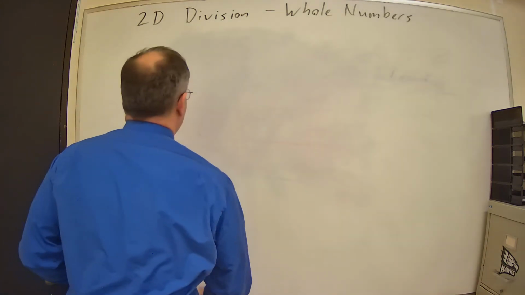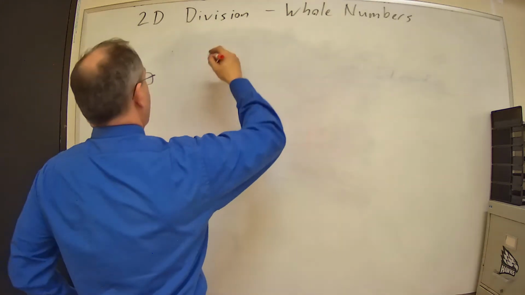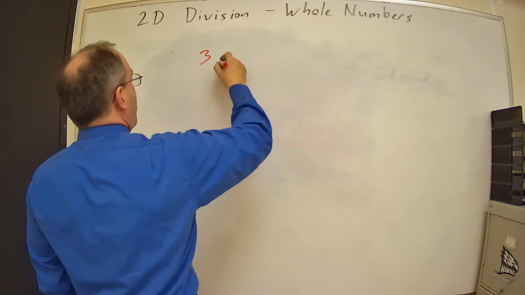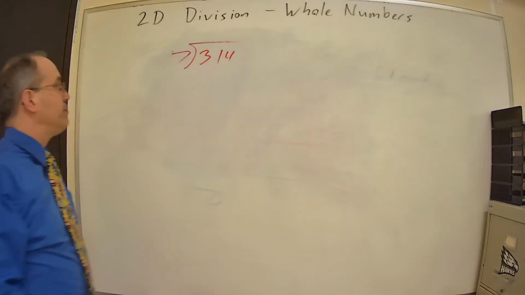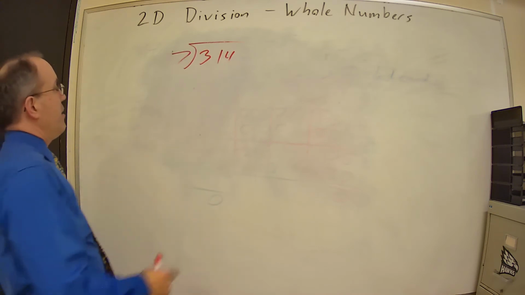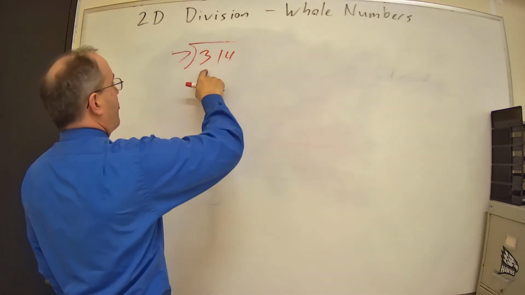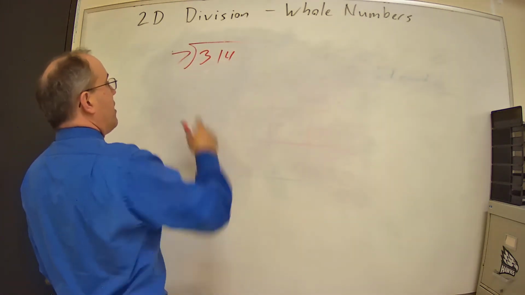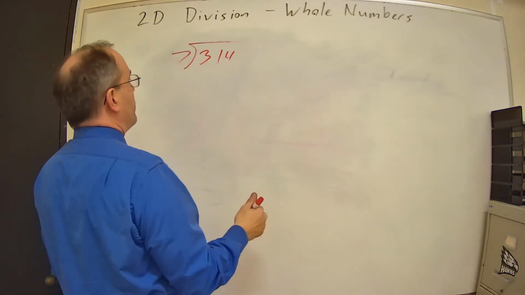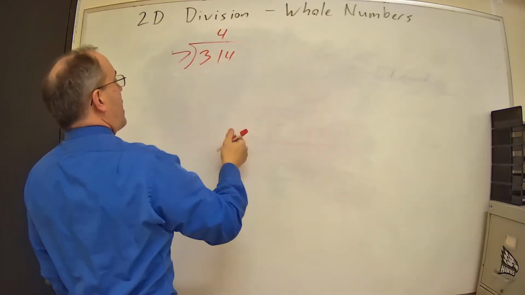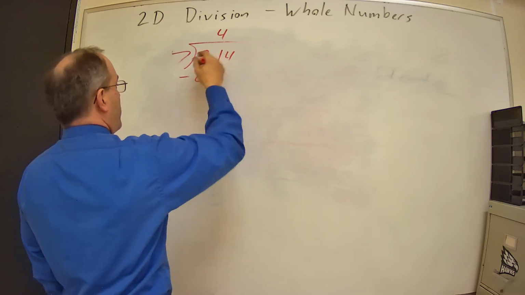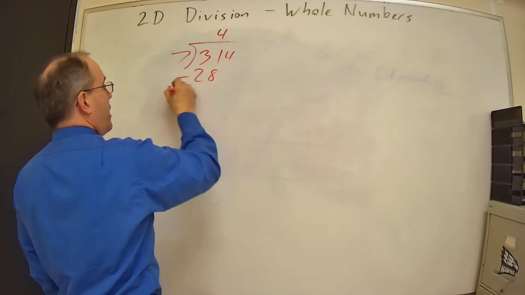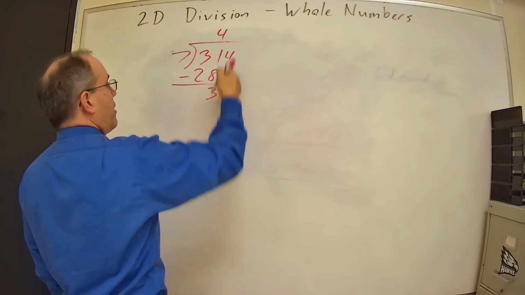Let's expand this out to our long division and see what happens. 314 divided by 7. How many times does 7 go into 3? It does not. How many times does 7 go into 31? 4 times. 4 times 7 is 28. 31 minus 28 gives us 3.